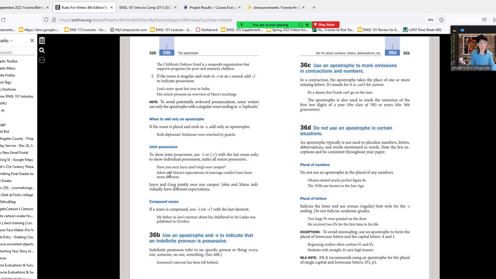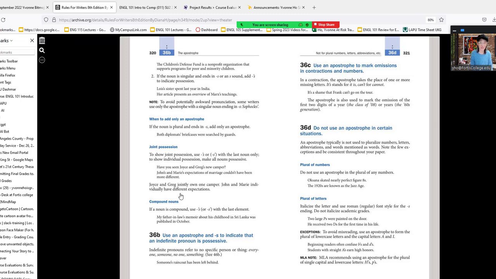And so what you do here is, with Joyce and Greg, if you just use one apostrophe s, it's like they're a couple. And if you put an apostrophe s after each one, then that means they're not a couple. So Joyce and Greg jointly own one camper, so it's like they're a couple. John and Maria individually have different expectations.